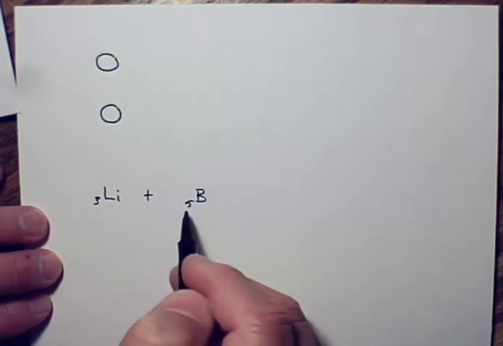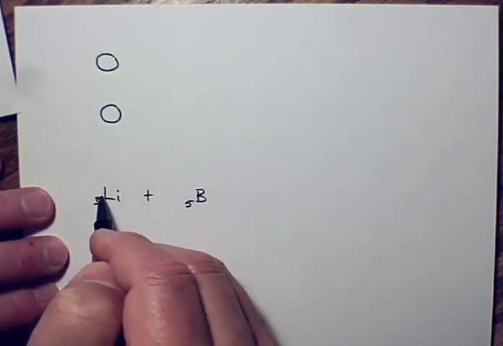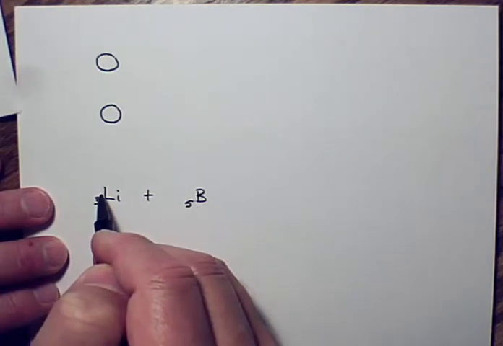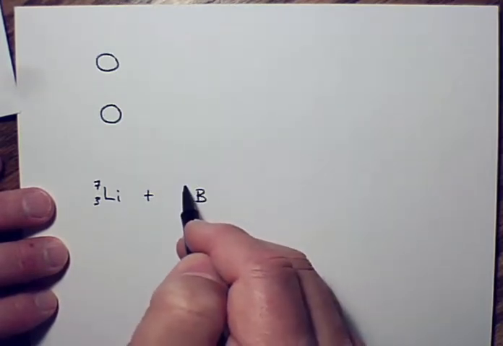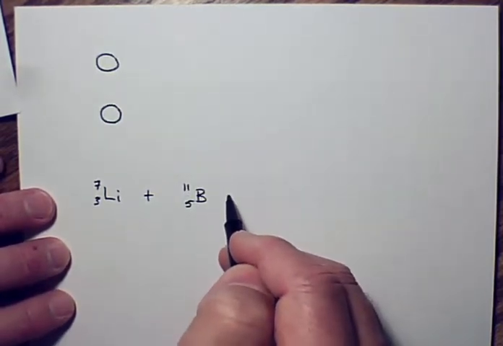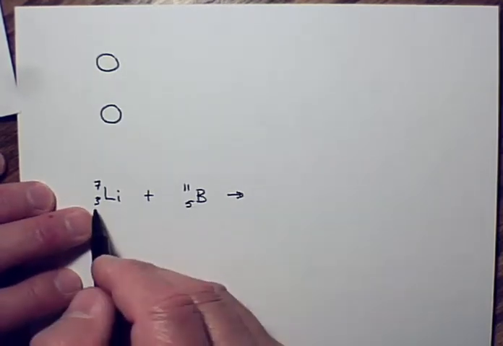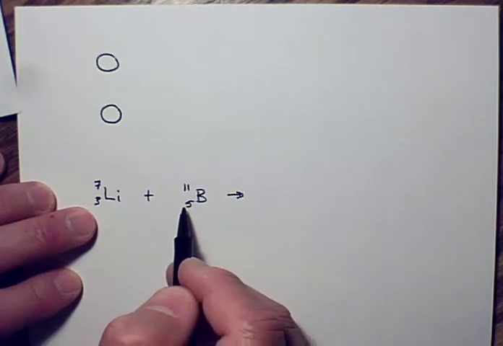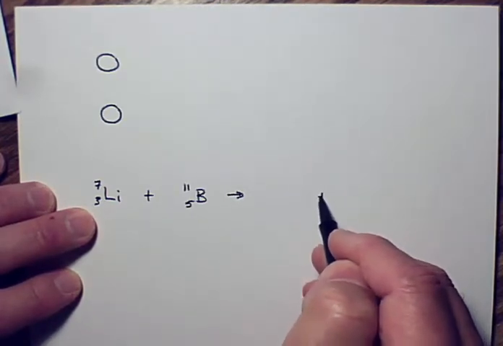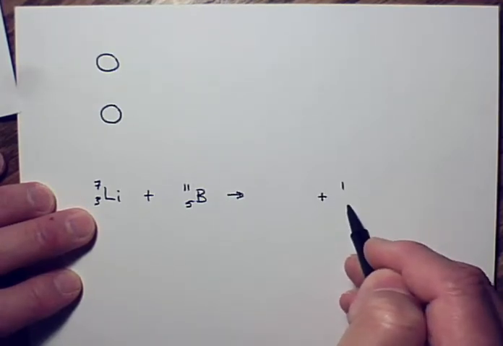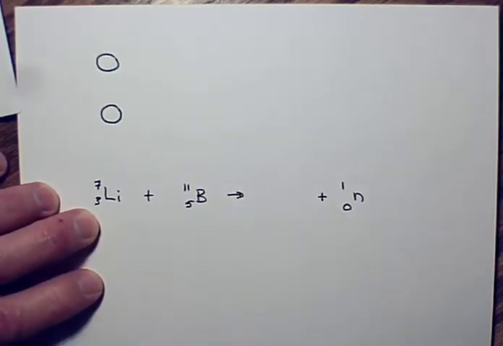Let's say I've got a lithium that has an atomic mass of 7, and a boron which has an atomic mass of 11. I'm going to fuse those together, and in addition to making that, I'm going to end up with one extra neutron on the end. What's going to go here?